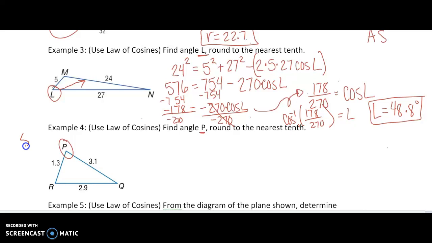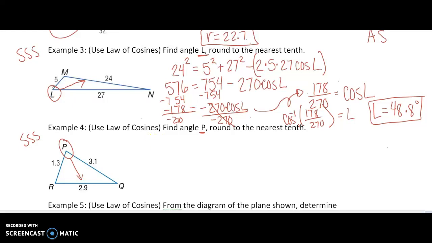Notice this is a side, side, side, just as example 3 was. The one that goes on the opposite side is the side opposite my angle in the actual triangle. So I draw an arrow from the angle I'm solving for to the side opposite, and that tells me 2.9 is the opposite side of angle P.